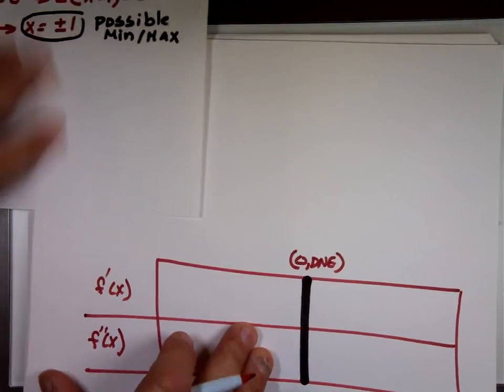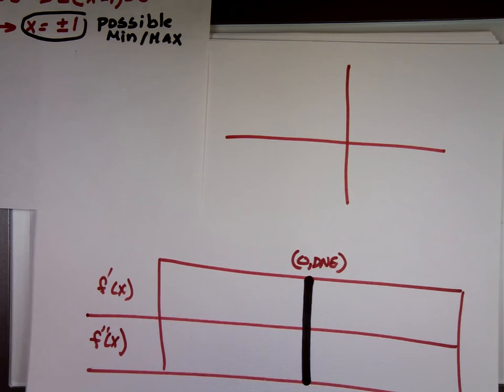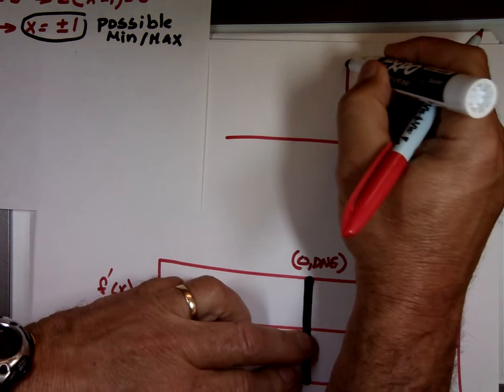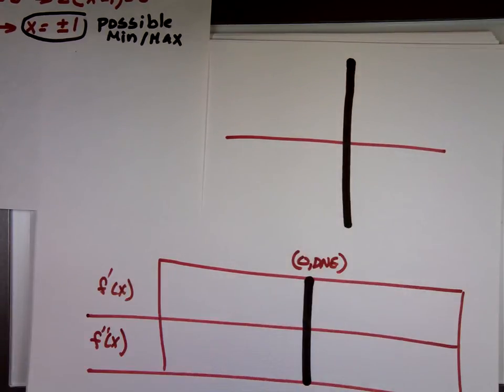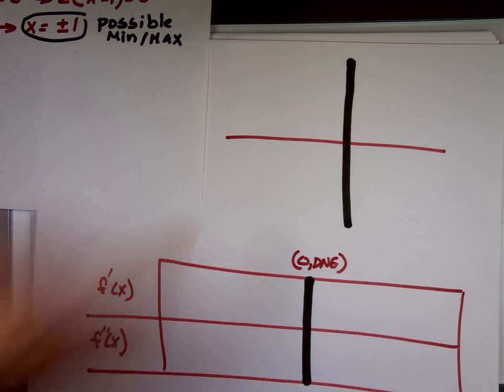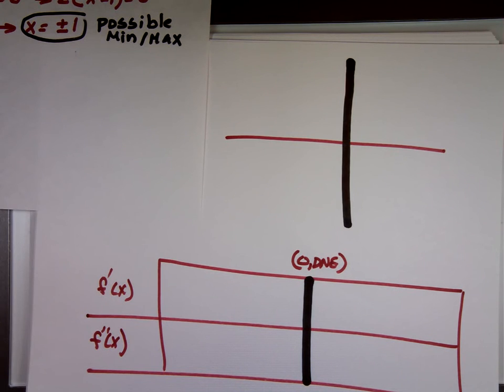Again, to remind me that when I graph it, not to connect that point, I draw a thick line there just to remind me. Right there, the function does not exist. Meaning what? As you approach that line from this end or from that end, it's going to go to plus infinity or minus infinity. They're going to go all the way up to the sky or all the way down to the center of the earth. And we have no idea which way till we start graphing it.